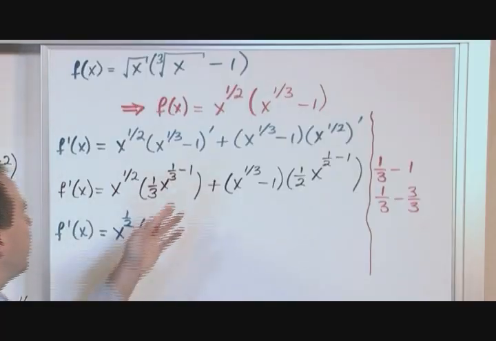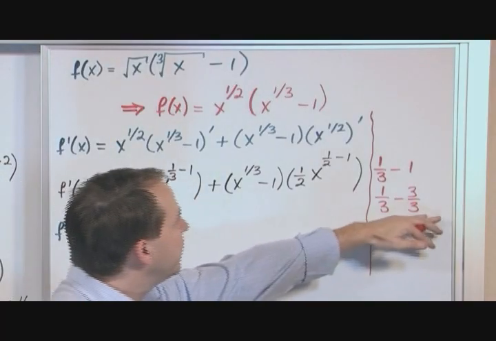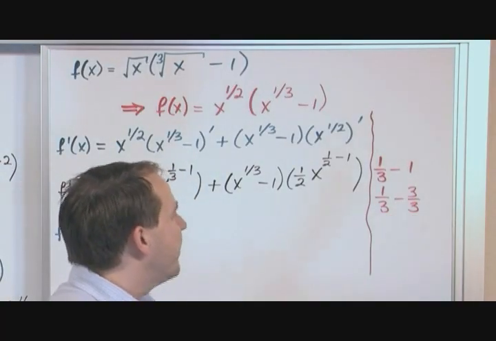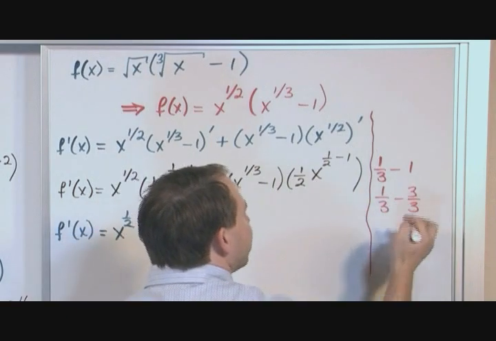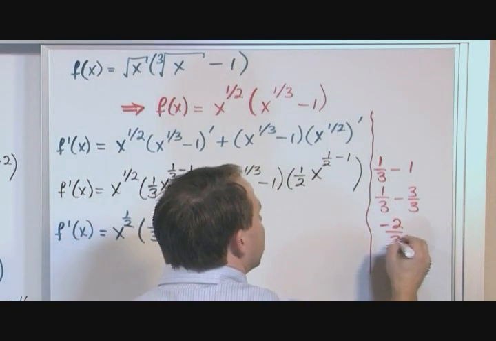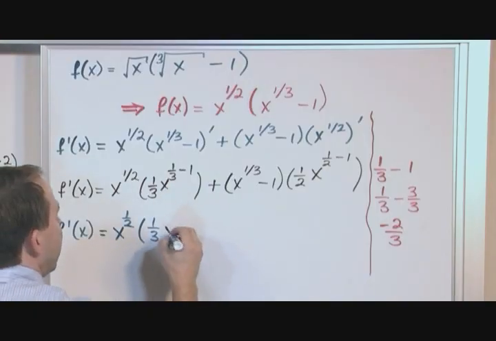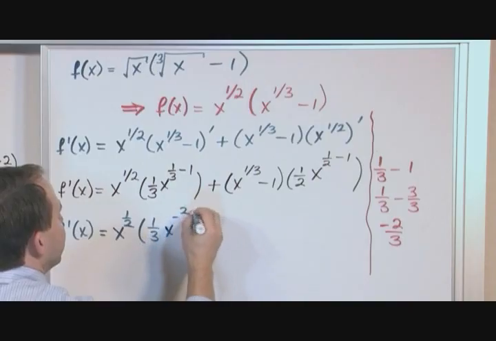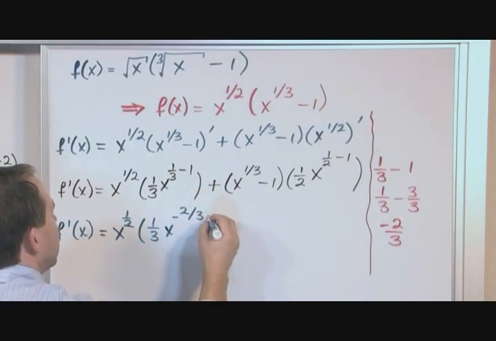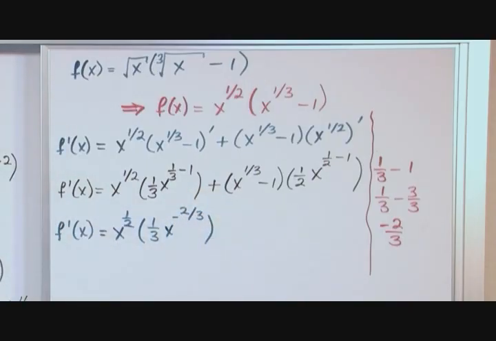Usually in derivatives, you're always subtracting 1, so just make it easy for yourself and make a common denominator by making it 3/3. 1 minus 3 is -2/3. So the answer is -2/3. So what you'll have for your exponent here is x to the -2/3. Close it off. So there you go. That's all you have to do.